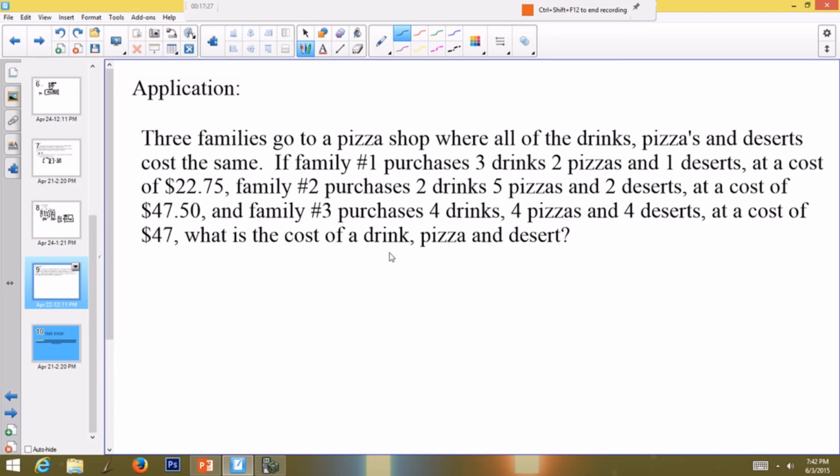Well, right here, these are your variables. So I'm going to call that D, I'm going to call that P, and I'm going to call that T. So I go back up. Family 1 has 3D plus 2P plus 1T, and that gave them $22.75.